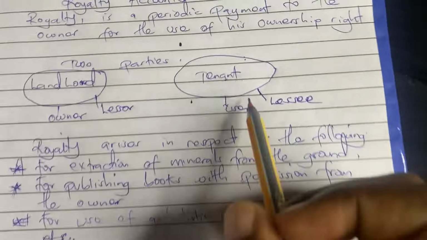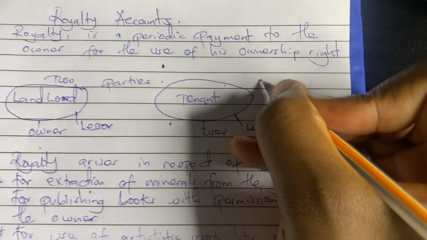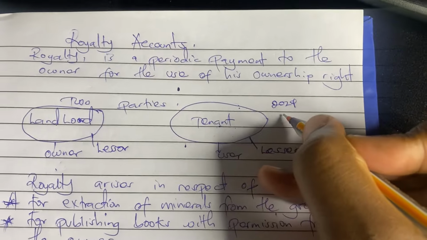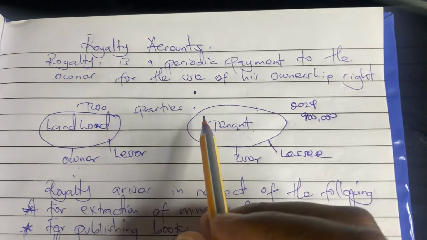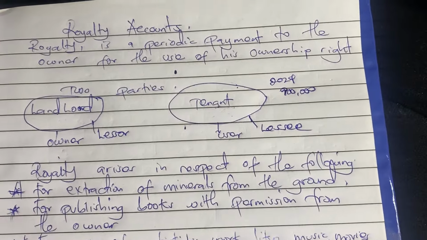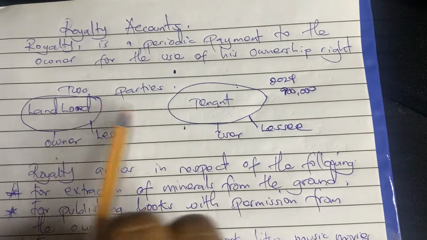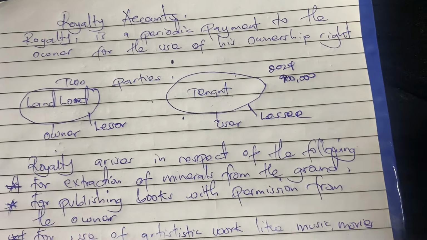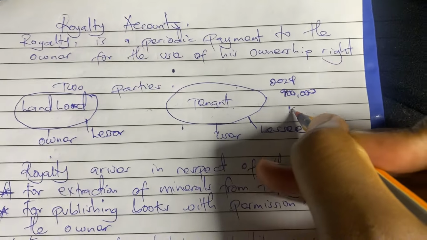So let's give an example. In a particular year, let's say in 2024, this tenant makes 900K out of the landlord's music. They already made an agreement that you're not supposed to pay me money that goes below 1M, so our minimum rent is 1M.